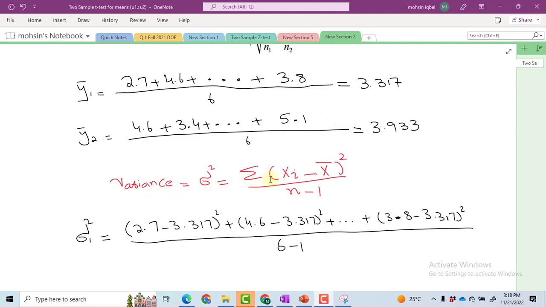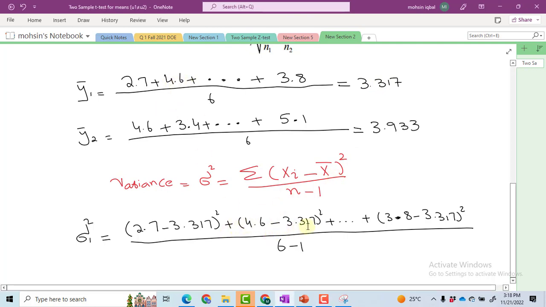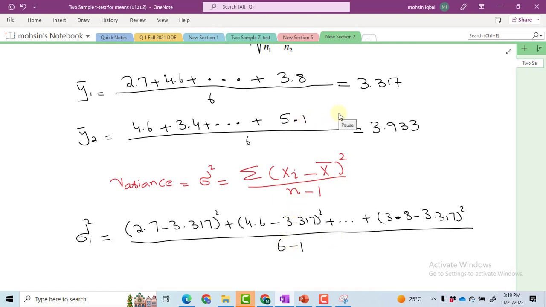We subtract each individual value from the mean: 2.7 minus the mean 3.317 for that level, squared, plus 4.6 minus 3.317, squared, plus three dots, then plus the last value, 3.8 minus 3.317, whole squared, divided by n. There are 6 observations. In this way we calculate the variance.